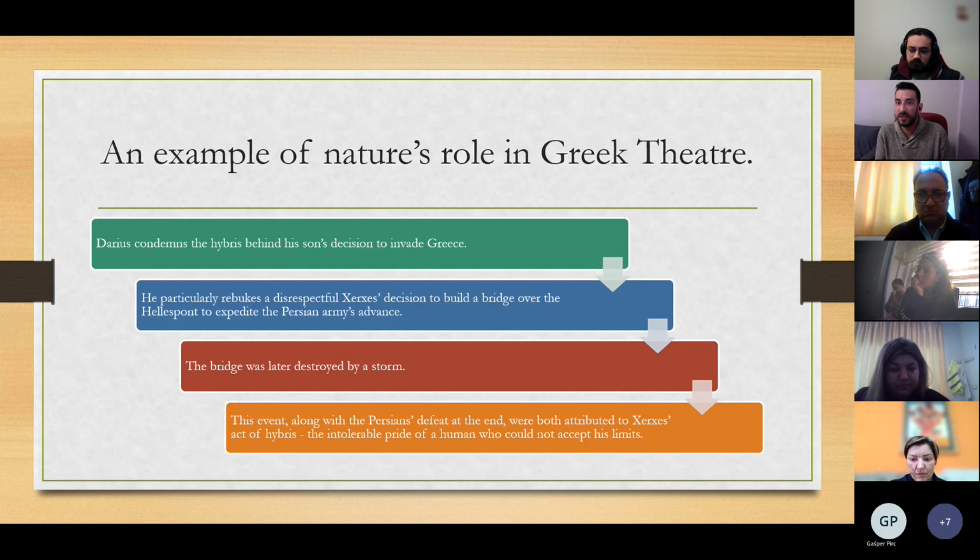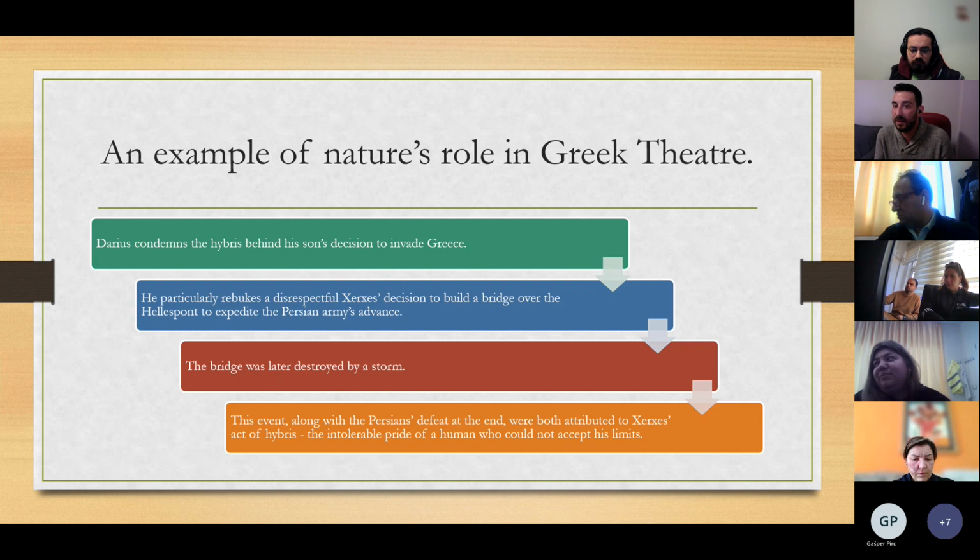In the discussion between Atossa and Darius, when her husband learns of the present defeat, he first of all condemns the hubris behind his son's decision to invade Greece.